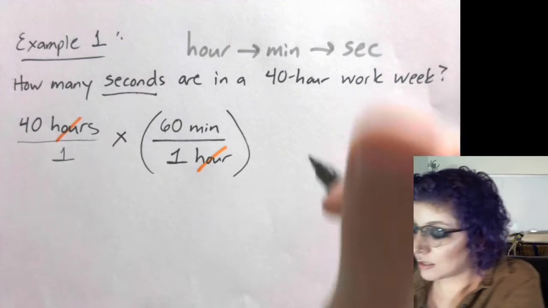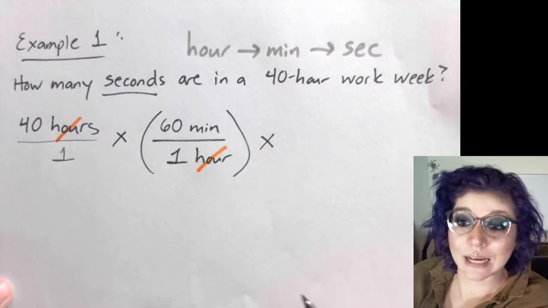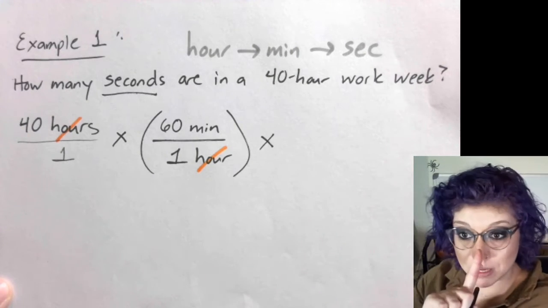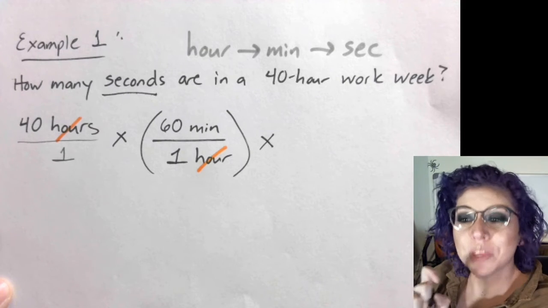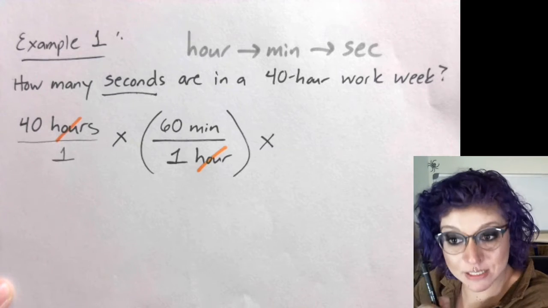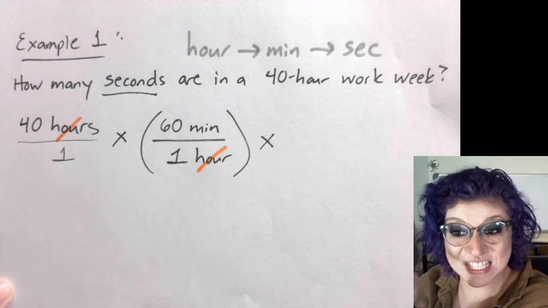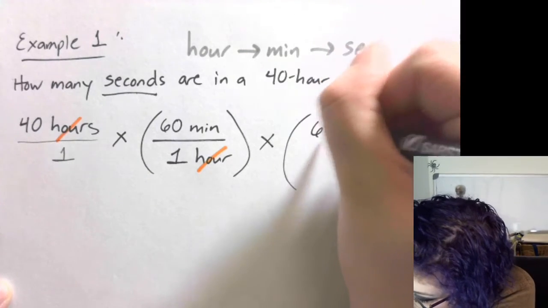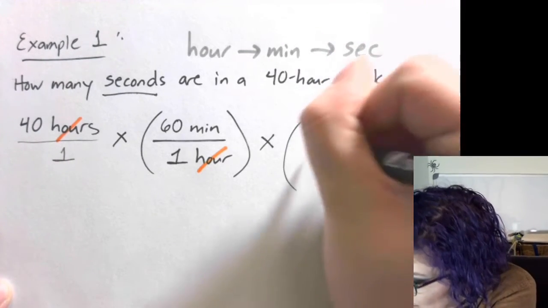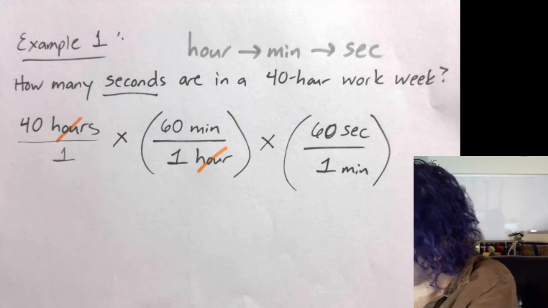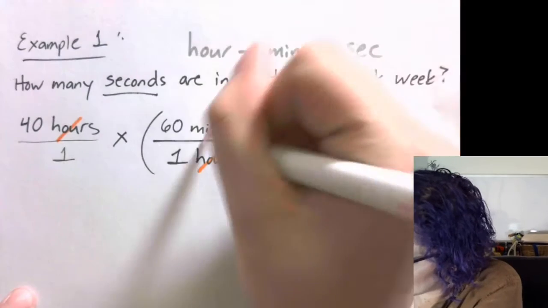To convert from minutes to seconds, I know there are 60 seconds in 1 minute, and I want the minutes in the denominator so that they cancel out and I'm left with seconds. So I have 60 seconds in 1 minute, and haha, my minutes cancel.